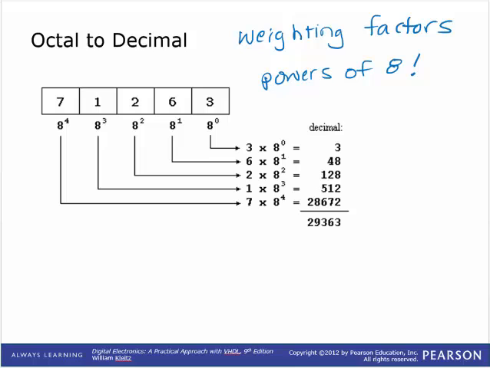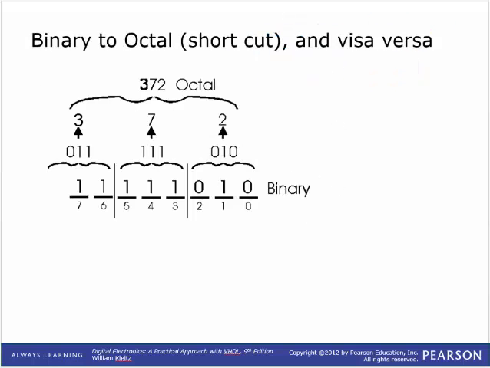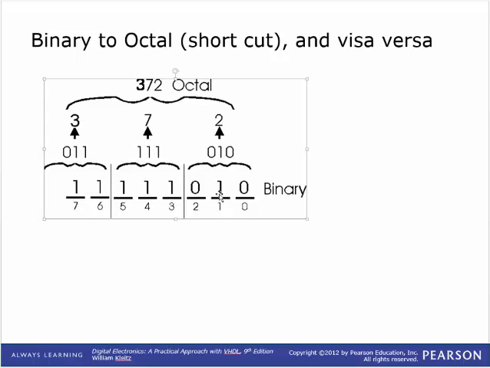I'm going to show you how to go binary to octal and vice versa. I'm going to show you a shortcut method. So let's say I have the number 372 in octal, so 372 to the base 8 numbering system. So one thing that you can do, this is the shortcut, is I can convert this directly to binary. So 2 in binary is 0, 1, 0.